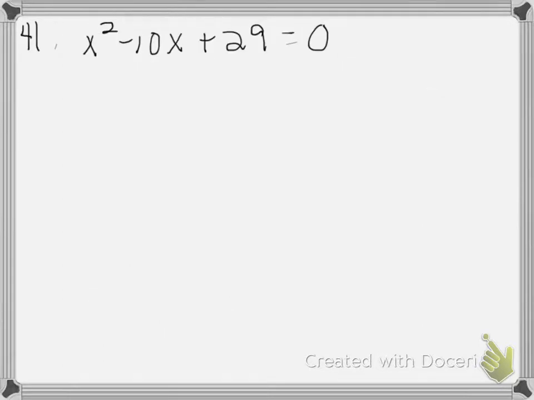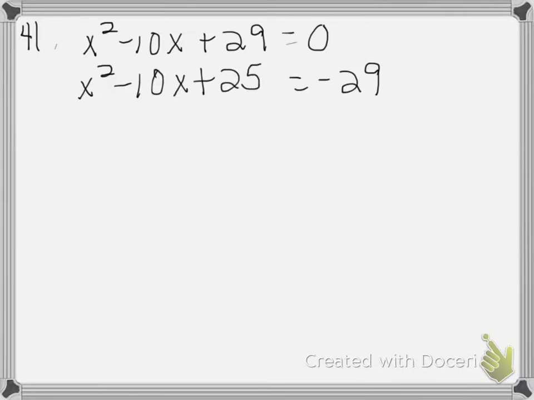Okay, number 41. This is not a perfect square, so I'm going to move the 29 to the other side, so I'm going to subtract it. Half of 10 is 5, 5 squared is 25. Add 25 to both sides. So that's (x - 5) quantity squared is equal to negative 29 plus 25, which is negative 4.